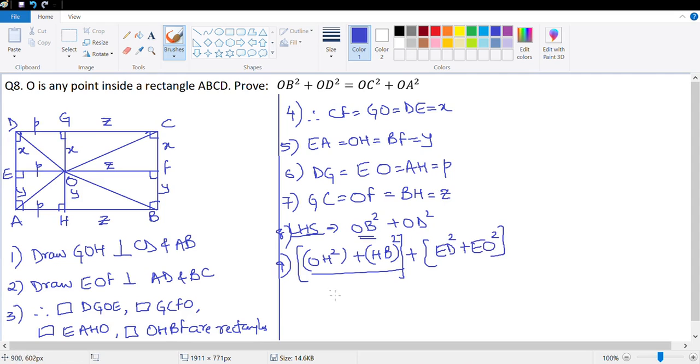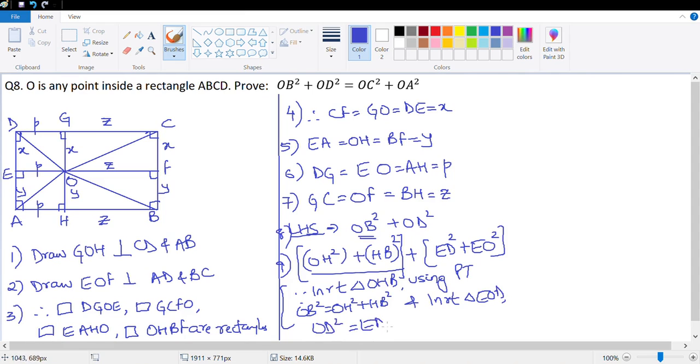Reason: since in a right triangle OHB, using Pythagoras theorem, OB square is equal to OH square plus HB square. And the second one, in a right triangle EOD, OD square is equal to ED square plus EO square.